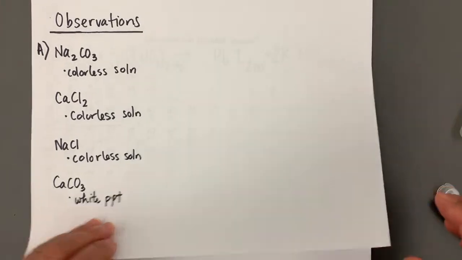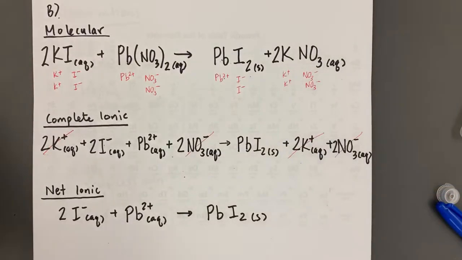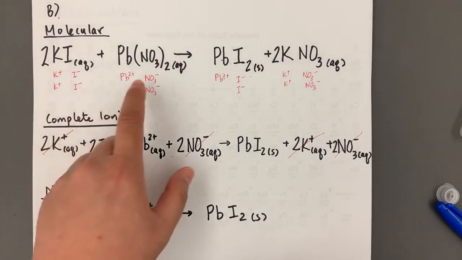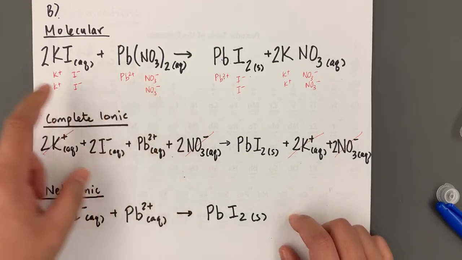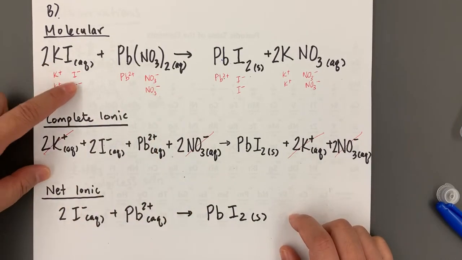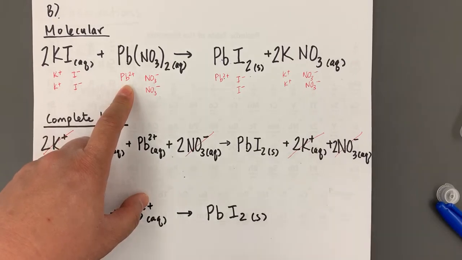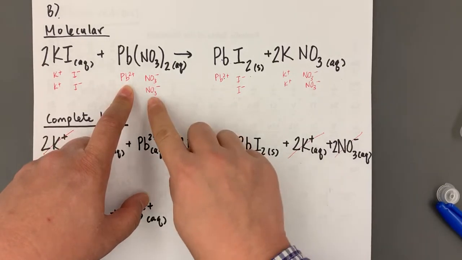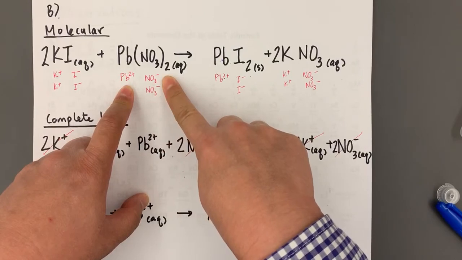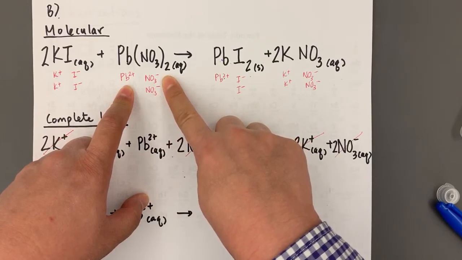The next reaction that we will be doing is B, which is potassium iodide reacting with lead nitrate. And again, the potassium is K+, iodide is I-, lead is Pb2+. It is Pb2+ because there are 2 nitrates and each nitrate is minus. Okay.